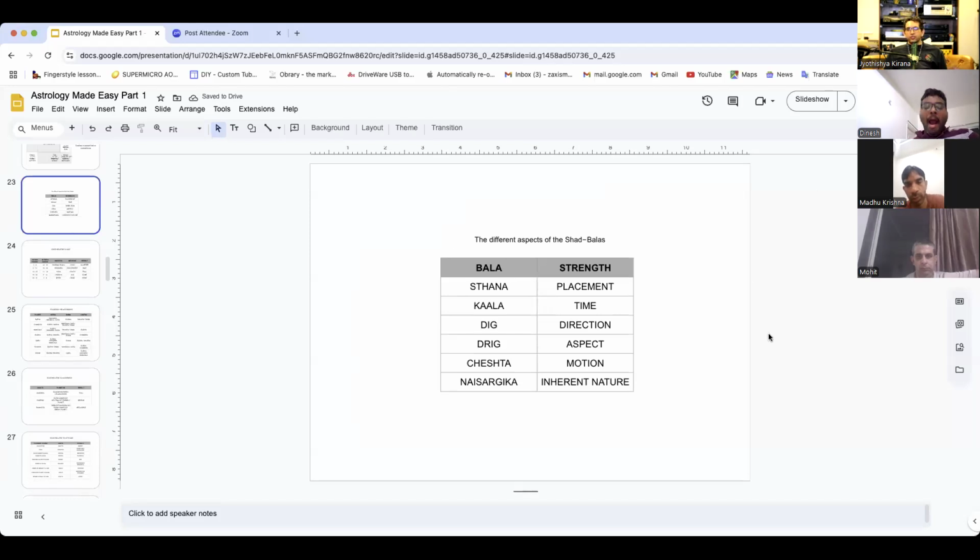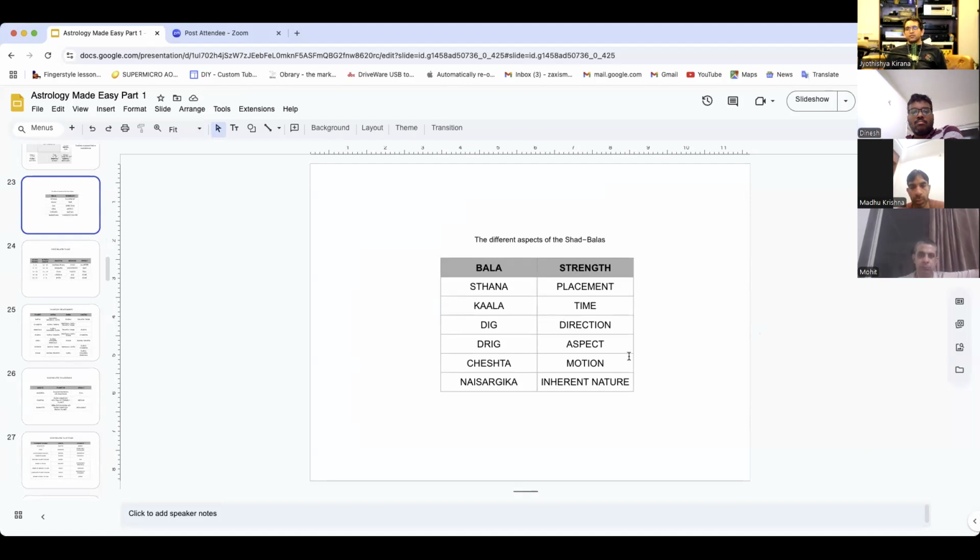So this we understood, right? Bala. There are 6 types of strength: Sthana bala, kala bala, dig bala, drig bala, cheshta bala, naisargika bala. Sthana bala is placement, where the graha is. Kala bala is the time of the graha. And then direction, which direction the graha is.